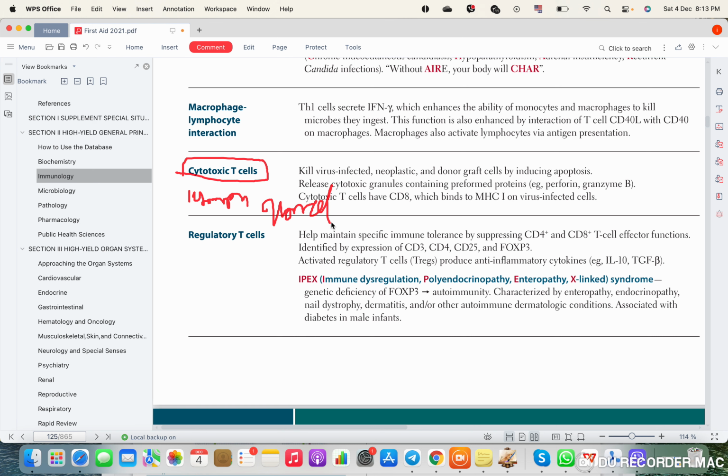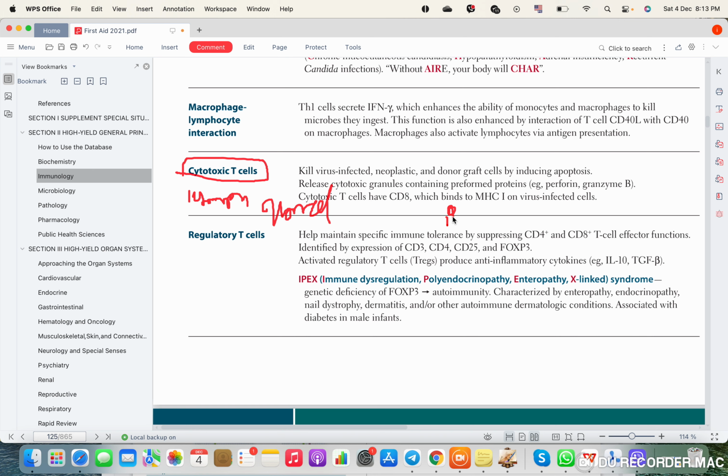Which other cell did exactly the same function, but was a part of the innate immune system? Which cell is a part of the innate immune system? It's also a lymphocyte, and it did the exact same function as a cytotoxic T cell, but it's not a cytotoxic T cell. It's the natural killer cell. Exactly, it's a natural killer cell. Okay, good.